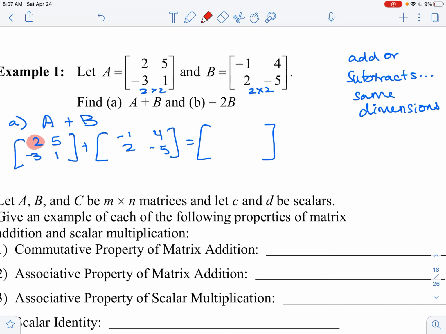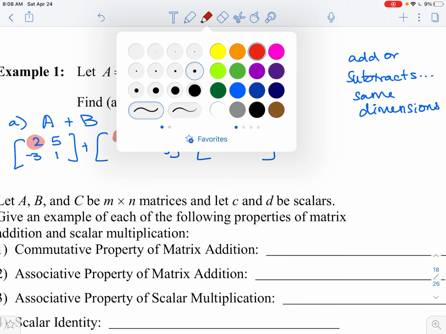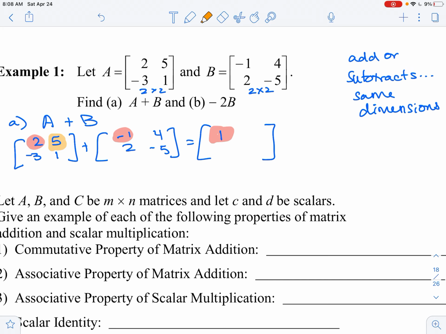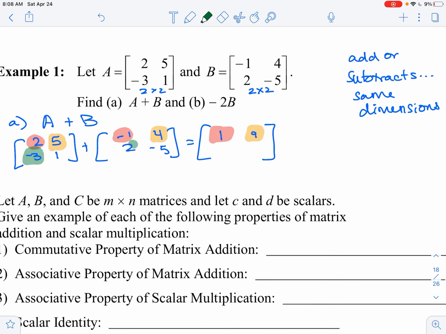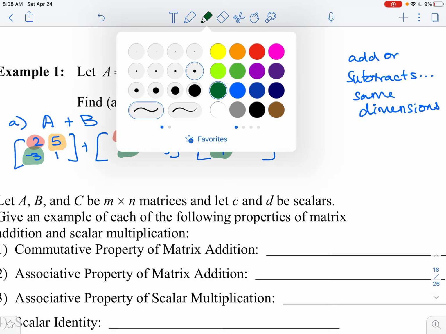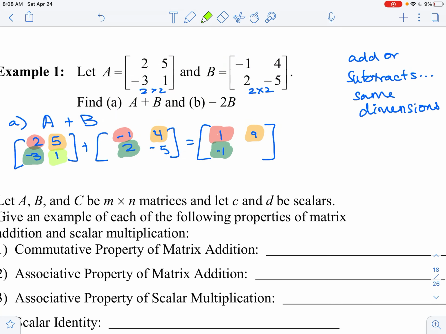So 2 plus a negative 1 would go right here. So 2 plus negative 1 is 1. 5 plus 4 would go right here. 9. Negative 3 plus 2 goes right here, which is negative 1. And lastly, 1 plus negative 5 would go right there. It would be negative 4.